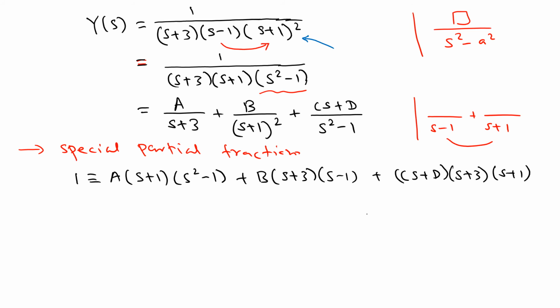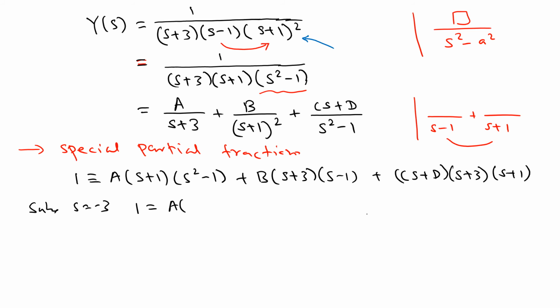Then we try the substitution method first and see whether we can find some coefficients, and then use the coefficient method. I'm going to go with the substitution s equal negative 3. Once you do that, 1 equals 8 times A, because if you put s equal negative 3, the other two terms get cancelled.